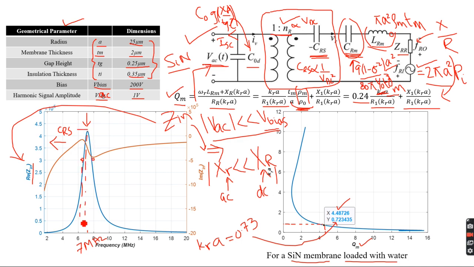I'm just drawing this as a speculation that this is the 70% of the maximum level, and the 3 dB bandwidth over here corresponds to the quality factor of 4.5. So this is the story of a single cell, which is being represented by the linear circuit model.